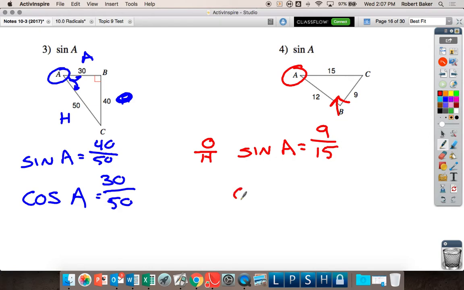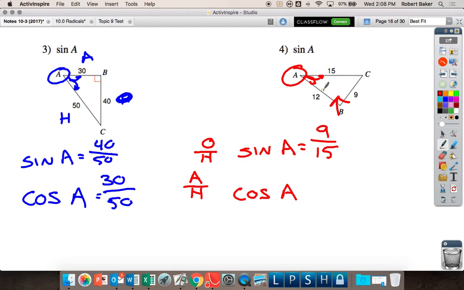So if I do cosine of A, Graham, it's adjacent over hypotenuse. That's our alien antennas. It points at the two numbers you should be using. What two numbers are we going to use? 15 and 12.